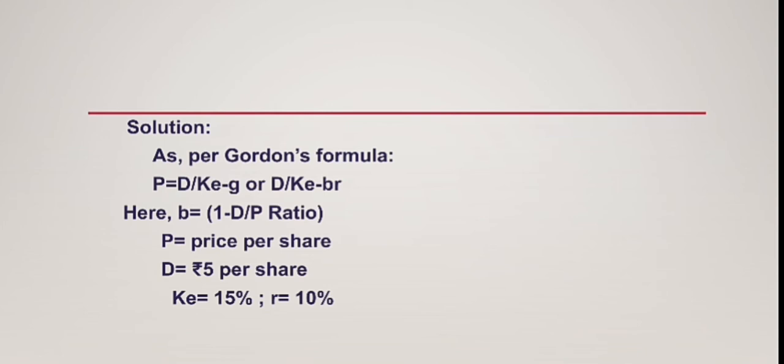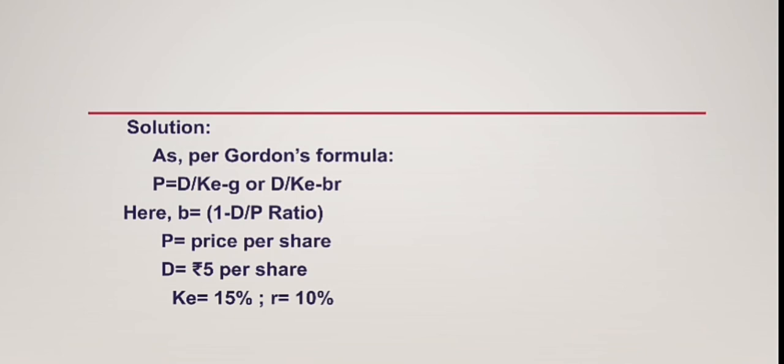Just write down the properties after writing the formula. The formula is P equal to D upon K minus G, or we can write it in another form also, P equals D upon K minus BR. So here B is 1 minus the dividend payout ratio, or we can say that the dividend payout ratio equals 1 minus B. If I want to calculate the value of B, I can write it in inverse order, that is B equals 1 minus the dividend payout ratio.